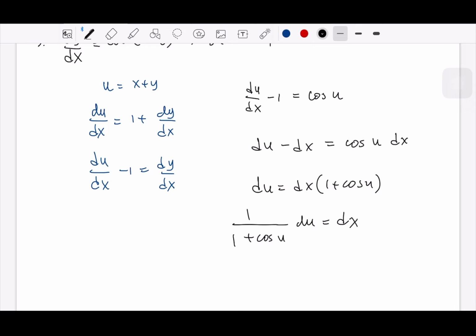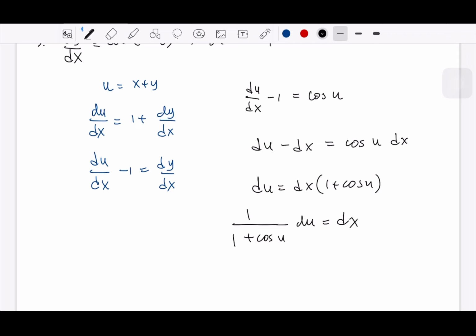I think 1 plus cosine u, we are still not sure. Can we solve this? I think we can multiply and make it into 1 minus cosine squared. So we can multiply by 1 minus cosine, 1 minus cosine. Hopefully we can find this 1 minus cosine squared will be sine squared.